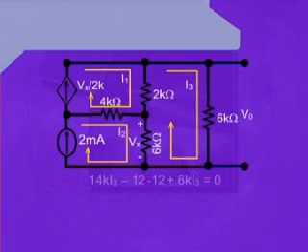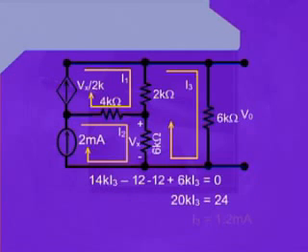Further simplifying it, we can write 14K I3 minus 12 plus 6K I3 equals 0. Or further simplifying it, we can write 20K I3 equals to 24. Therefore, we have the value for the I3 as 1.2 milliamperes.